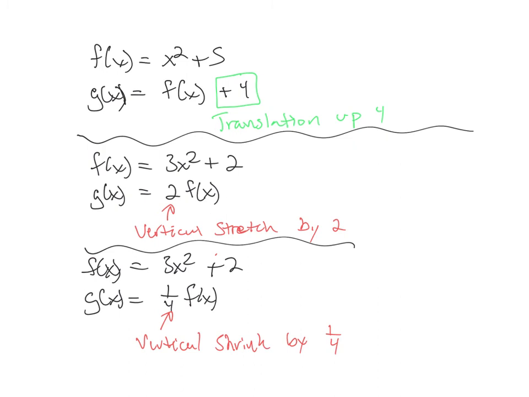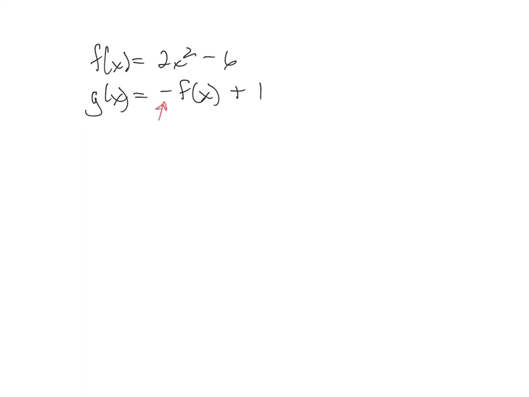And again, this f of x part doesn't mean anything. Completely ignore it. I can put two things in this one. This negative in the front, remember that means reflection.